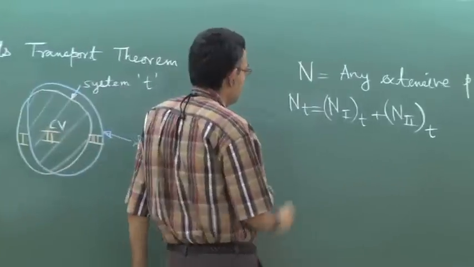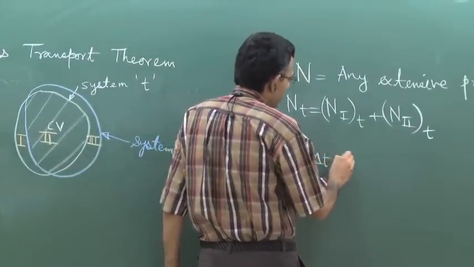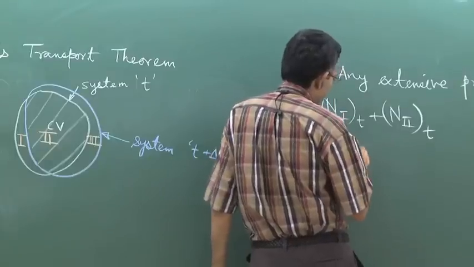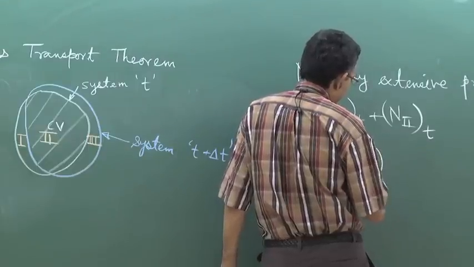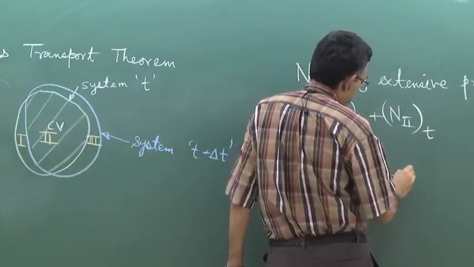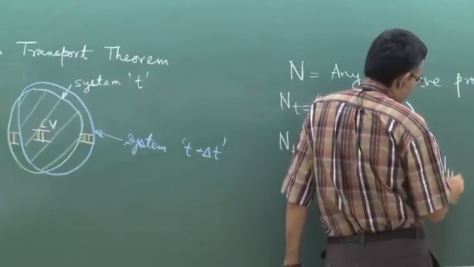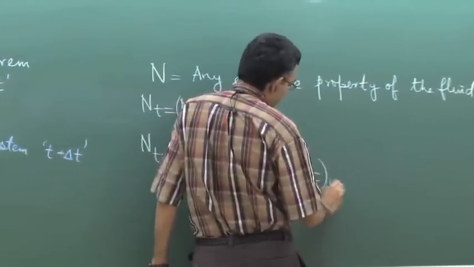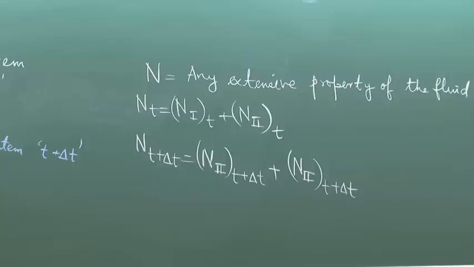Similarly, N at time t plus delta t, this is 3.